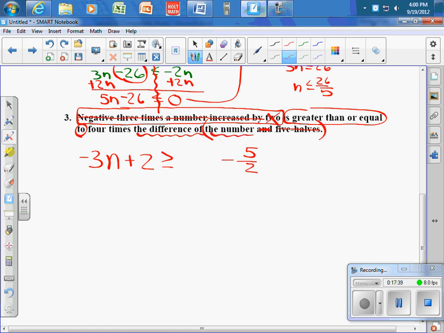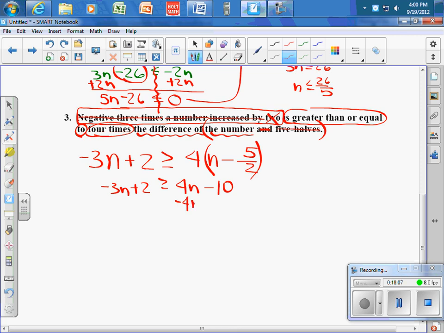So a number and 5 halves, n minus 5 halves is going to go in parentheses. 4 times that would be a 4 in front. So using the distributive property on the right side, on the left side I have negative 3n plus 2, then we have is greater than or equal to 4n minus, now what's 4 times 5 halves? We'll have minus 10.